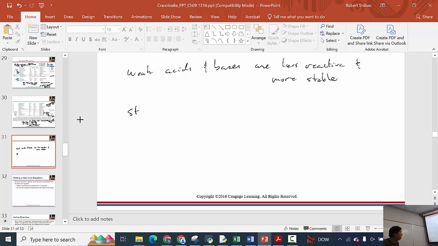Whereas strong acids and bases are highly reactive and unstable.